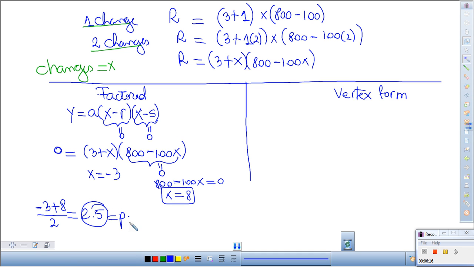Now, how do I find out the corresponding value to this number of changes? I have to substitute the 2.5 back into my revenue equation. So the revenue equals 3 plus 2.5 times 800 minus 100 times 2.5 is 250.